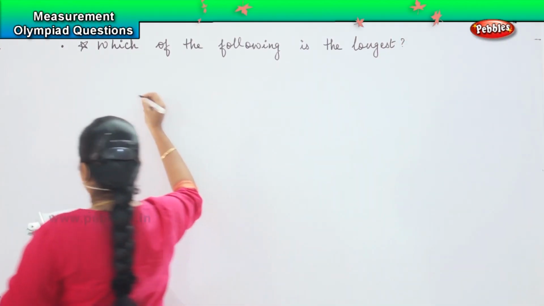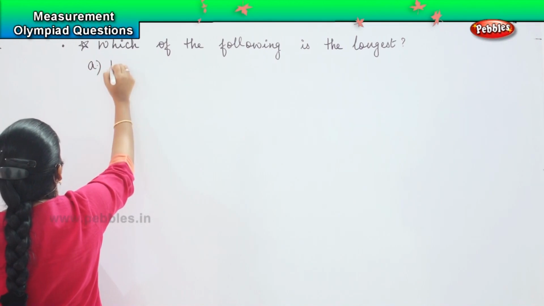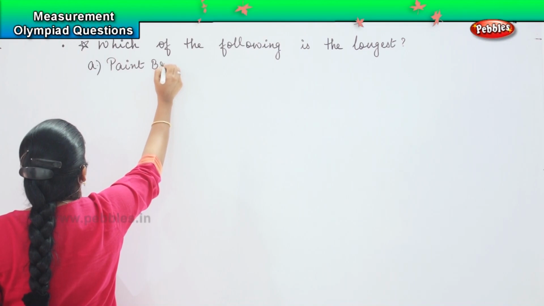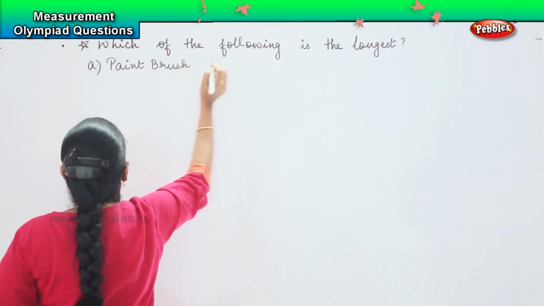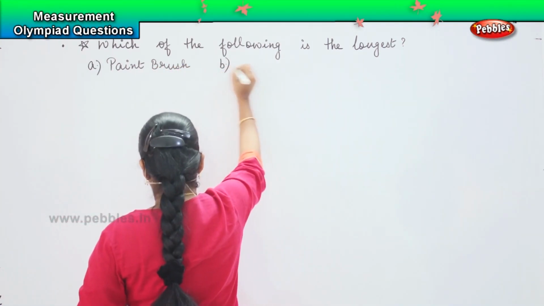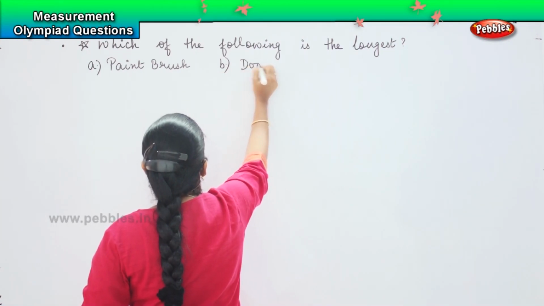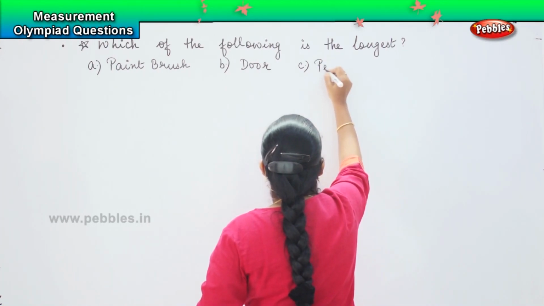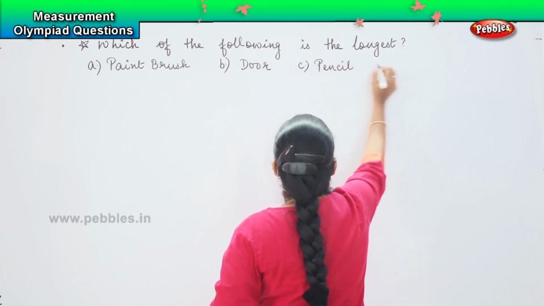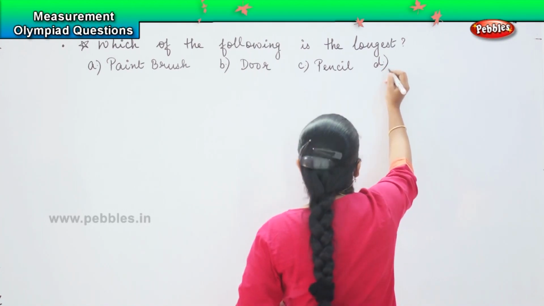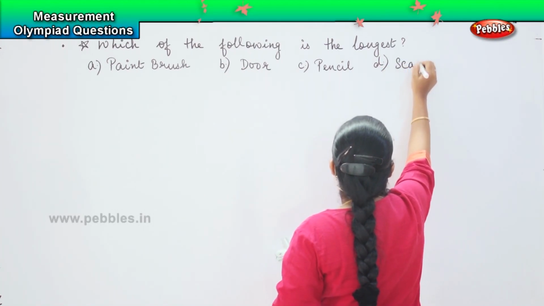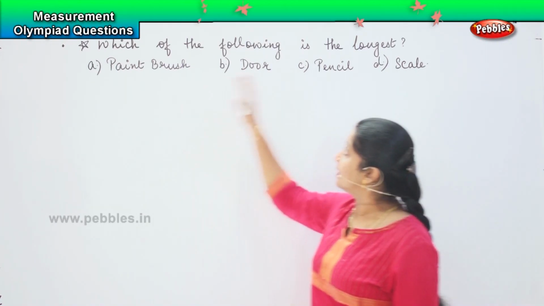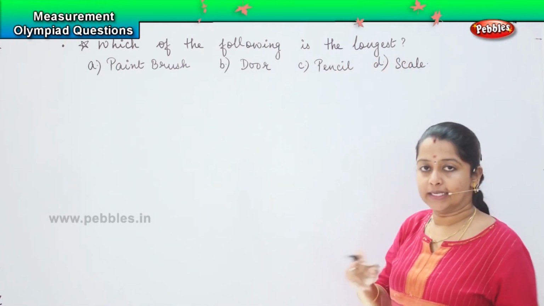Okay, and your options are paintbrush, option B, door, option C, pencil, and option D, scale. So you have to tell me which among these is the longest in length.